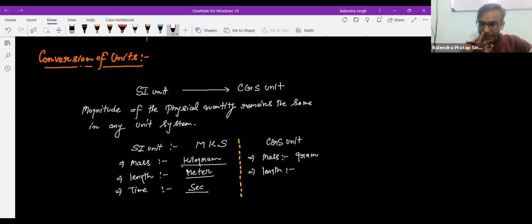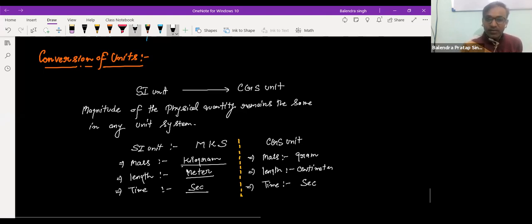What is the unit of length in CGS? Anyone? Centimeter. Centimeter. Okay, very good. Centimeter. But the unit of time is the same in both the CGS and SI unit systems. Time has second.